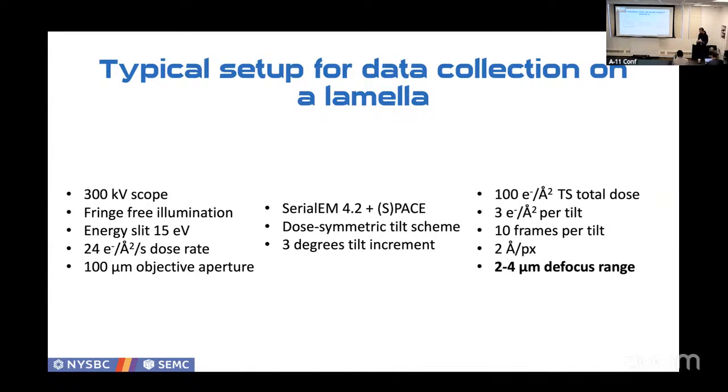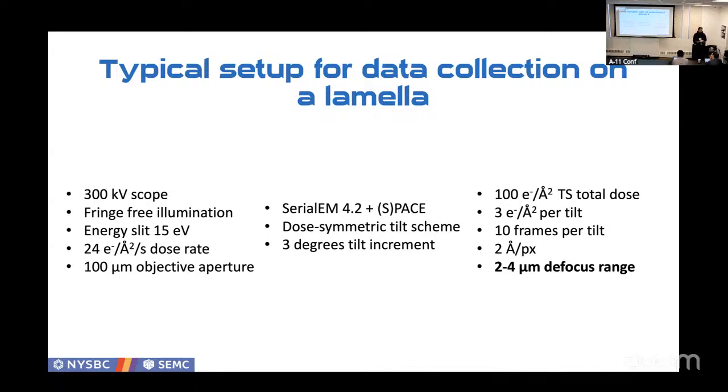A 100 micron objective aperture, because you want to squeeze out as much contrast as you can. We use SerialEM, I think it's 4.2, with the BASE. We haven't done the PACE yet, but we will. Dose-symmetric tilt scheme as implemented in BASE, 3 degree tilt increment, and the rest of the dose settings that I described.